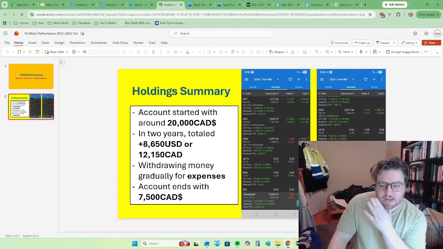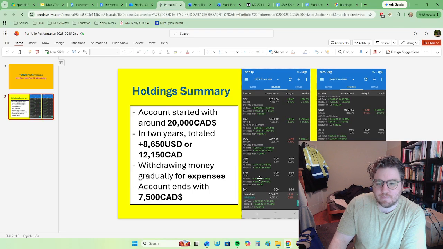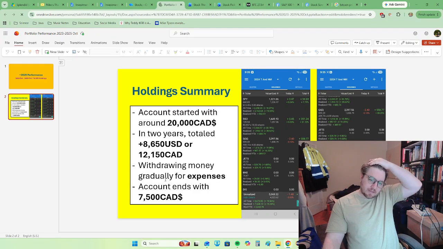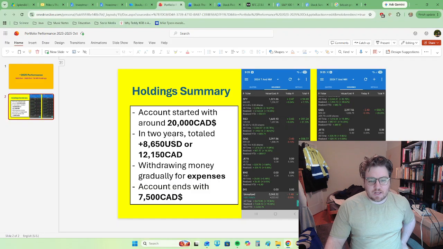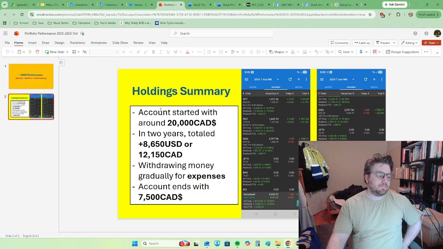So I had airlines, bonds, Disney, Nvidia, and my indices, my leveraged indices of the S&P 500, the QQQ Nasdaq, and I had SPY as well, the S&P 500, and that made me $12,000 in 2 years on a $20,000 investment.